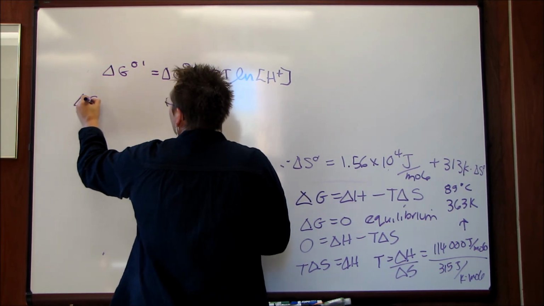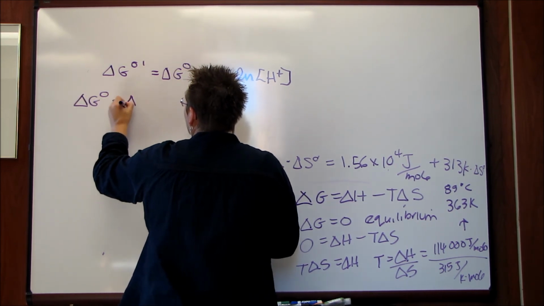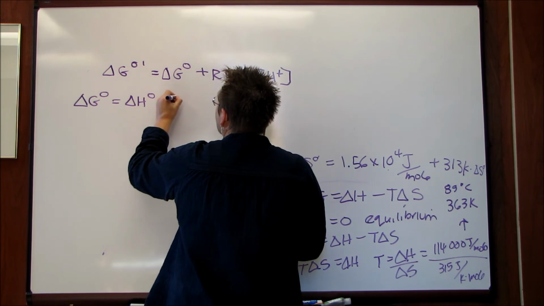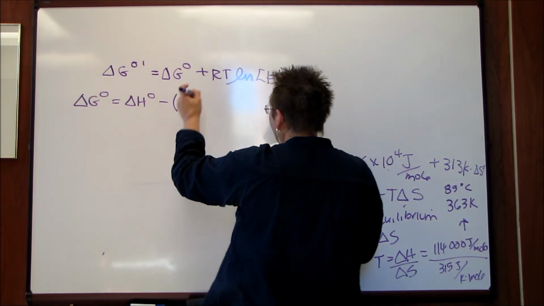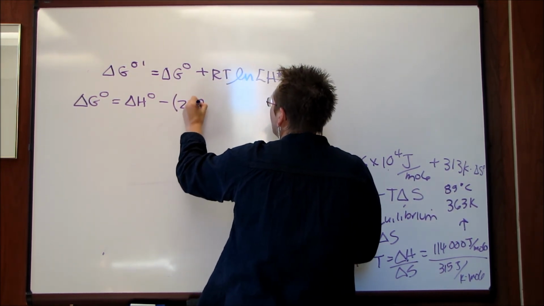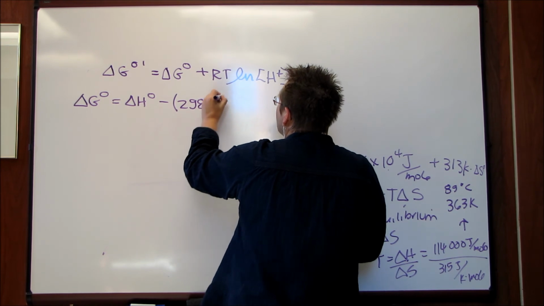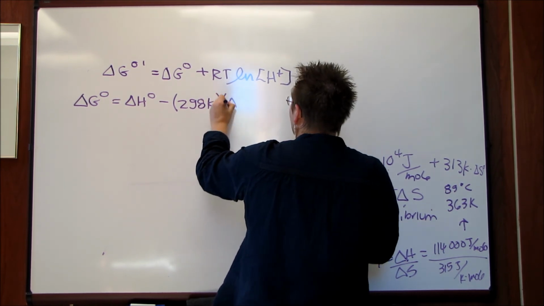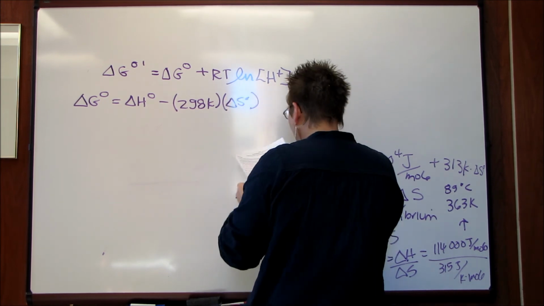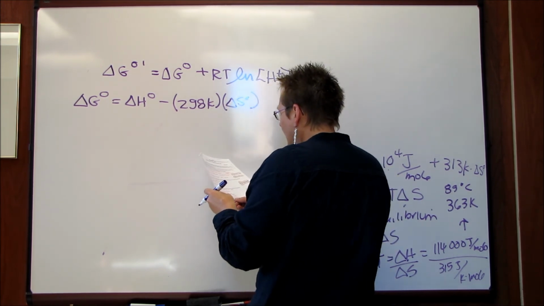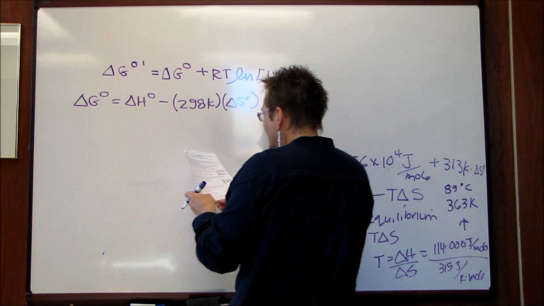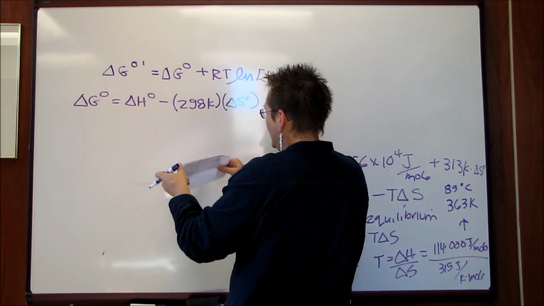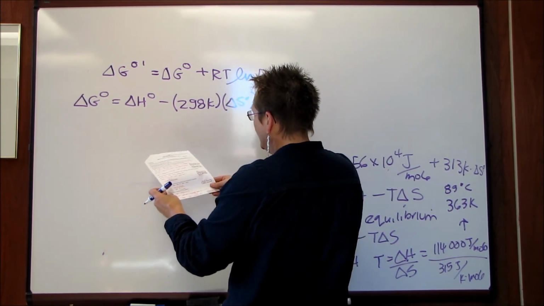So we're going to have to solve delta G naught first, which is equal to delta H naught minus the temperature of 25 degrees, 298 Kelvin, times delta S naught. Okay? So if you calculate that out, you get, I've got it somewhere written here. I've only done the math all the way through.